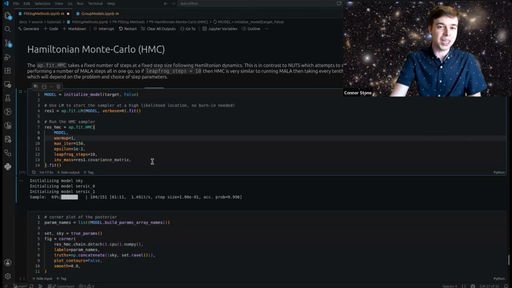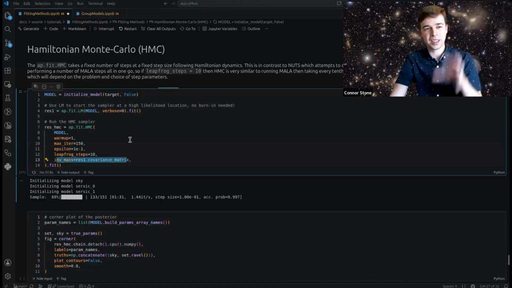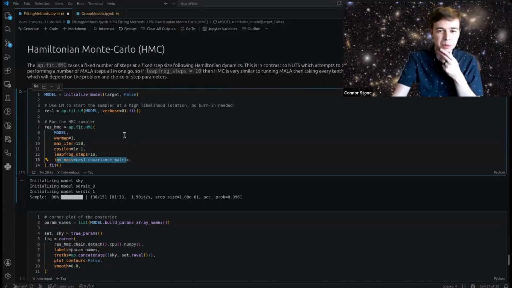I personally find MALA to be easier to tinker with, but Hamiltonian Monte Carlo with Pyro is kind of nice because it's a bit more of a set it and forget it kind of algorithm. Similarly, I cheated a bit and just forced the mass matrix to come from the Levenberg-Marquardt Gaussian approximation at the maximum likelihood.